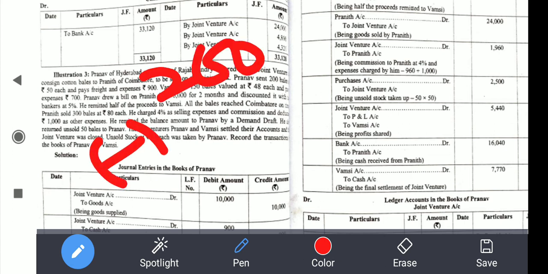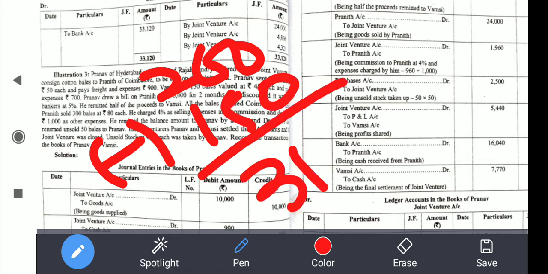Out of them, how many bales were sold? Pranit sold 300 bales at 80 each. 200 were provided by Pranav and 150 sent by Vamshi. Total 350. Out of 350, 300 are sold.